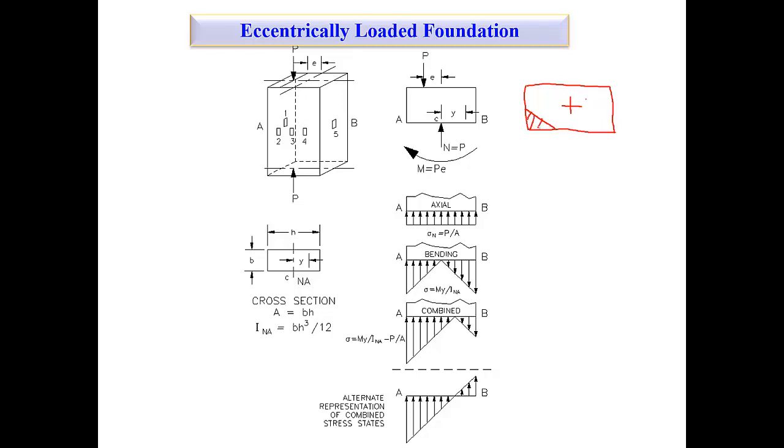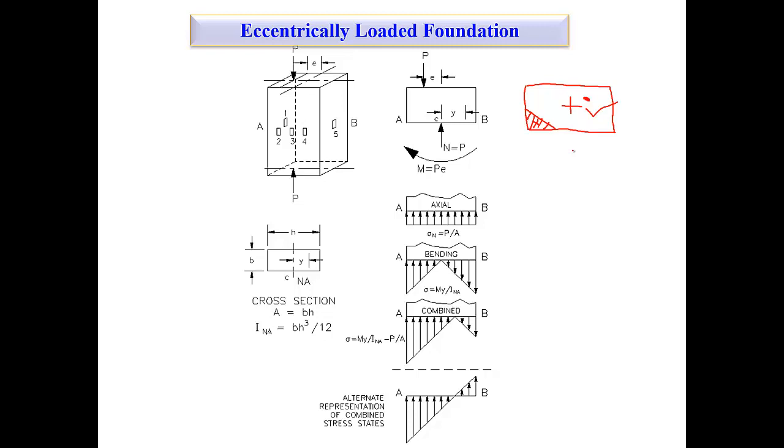This portion is inactive, good for nothing for the footing. Only this area is active. So you need to know how much area of your footing is effective due to the eccentricity, and whether this area will be able to support the load you designed for. You understand?